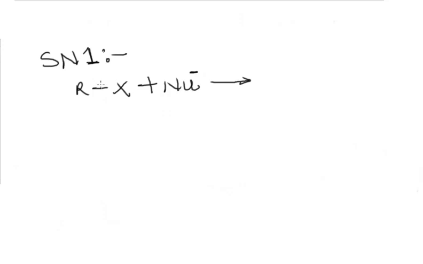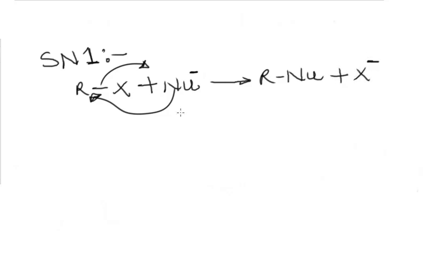At one time this one is eliminated, and in the second step the nucleophile is attacked to the alkyl group. So this is the reaction. Now what happened? We get R-Nu, this nucleophile is attached to the alkyl group, plus X is removed as a leaving group. So both the steps take place one after the other. In the SN1 reaction, the two steps take place.